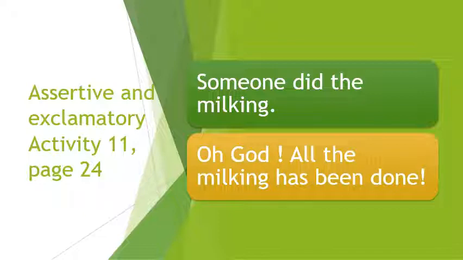Remember, an assertive sentence or a declarative sentence is a statement. Just a statement is an assertive sentence. So "Somebody did the milking" is the assertive sentence. "Oh God, all the milking has been done" is obviously an exclamatory sentence. The second one is the exclamatory sentence.